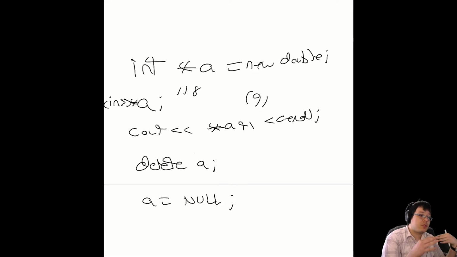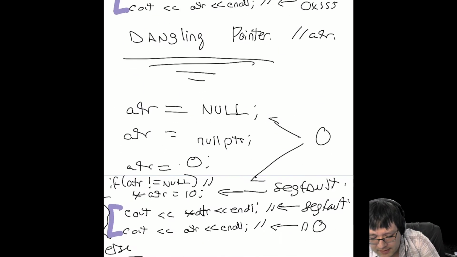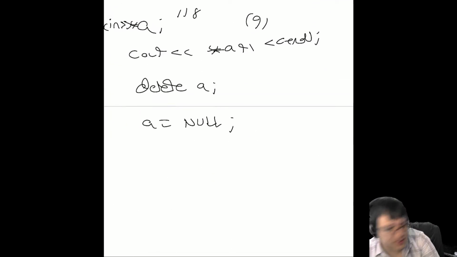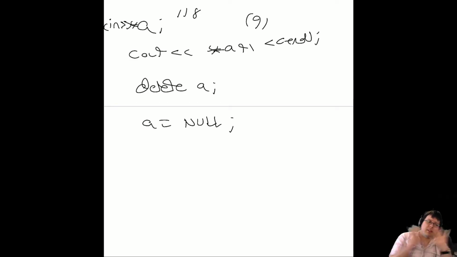Don't mix and match nullptr and NULL because they're a little bit different. Also, don't put 0. 0 is a bad one. Even though you can do it, and I did list it up here, it's not really good because it can confuse programmers to see a equals 0, and they might think that's not a pointer variable. Confusions always lead to problems, so you want to avoid them.